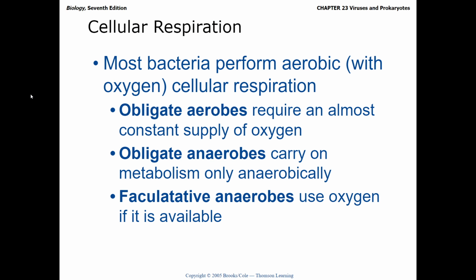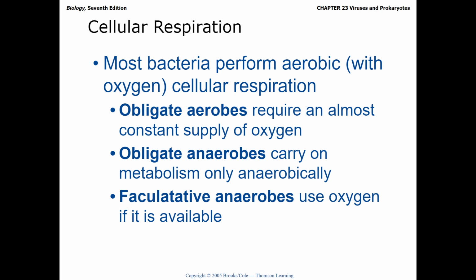So, speaking of using processes like photosynthesis in order to make oxygen, we can also talk about processes that occur in oxygenated environments, like cellular respiration. Most bacteria actually perform aerobic cellular respiration, aerobic meaning with oxygen, whereas the term anaerobic would mean without oxygen.